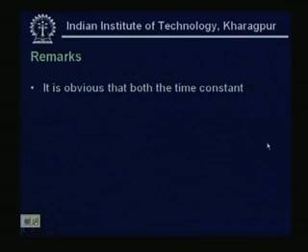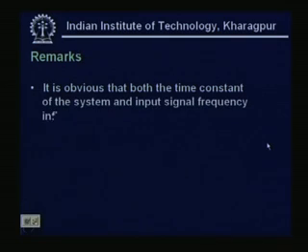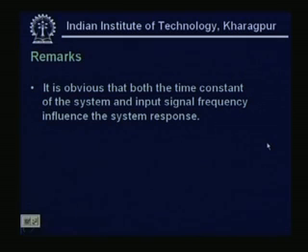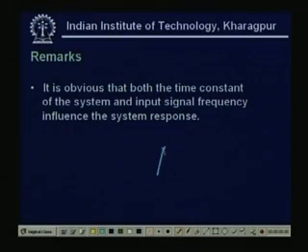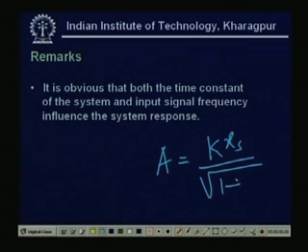Now, the remarks will appear like this. It is obvious that both the time constant of the system and the input signal frequency influence the system response. So, the system response will depend on both omega and tau. Why? Because you remember the amplitude A equals k x s over root of 1 plus omega square tau square.